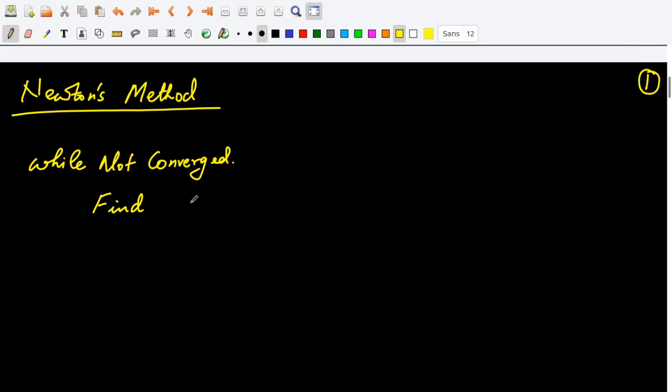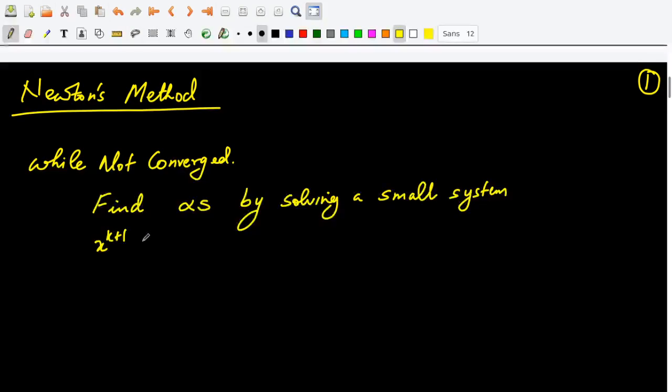So in the language of the previous chapter, we will find alpha times s by solving a small system. x_{k+1} is going to be x_k plus alpha s, and k equals k plus 1. So let's see how this works.